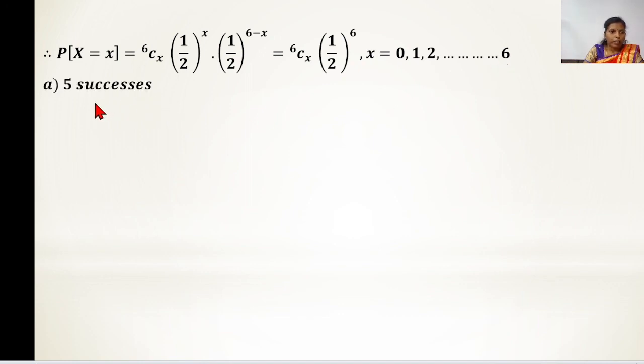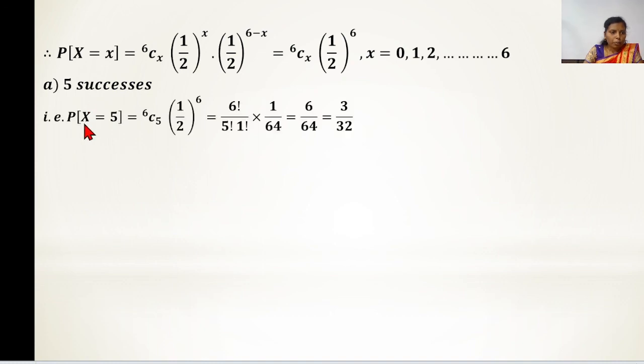Now first we have to find 5 successes, that is, probability of X equal to 5. Here we put the value of x as 5, that is 6C5 (1 by 2) raised to 6. By the formula of combination, n factorial upon r factorial into (n minus r) factorial, that is 6 factorial upon 5 factorial into 1 factorial, into 1 by 2 raised to 6, that is 1 upon 64.